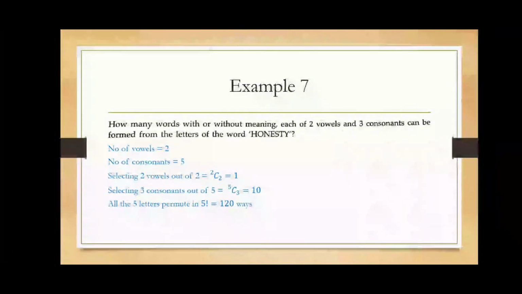Now, all these letters can arrange themselves in different ways. Why? Because you are forming words. Whenever I am forming words, the permutation matters because the arrangement of letters gives you different words. So all these 5 letters can permute within themselves in 5 factorial ways, or 5P5 ways, whichever way you want to call it, and that is 120.